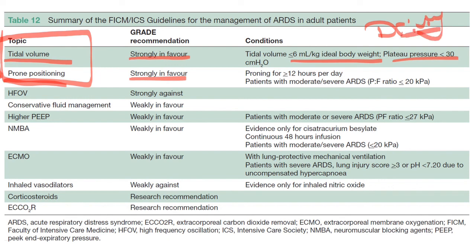They are the most important, together with prone positioning for patients with PF ratio less than 150, and it should be for more than 12 hours. These are the most important interventions that prove to be effective in patients with ARDS.